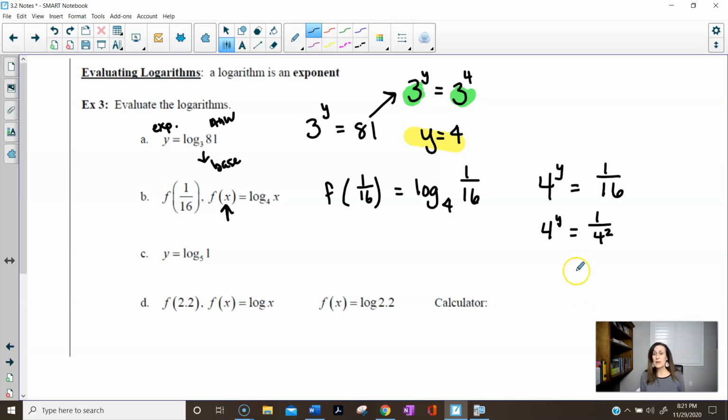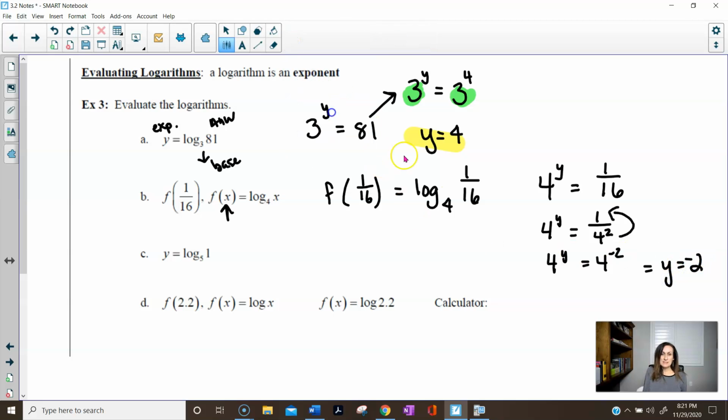Why did I do 4 squared? Because I'm trying to get the bases to be the same. I can bring this up by making the exponent negative. So 4 to the y equals 4 to the -2. Now that the bases are both 4, I can tell you that y is equal to -2, and that's going to be my solution.